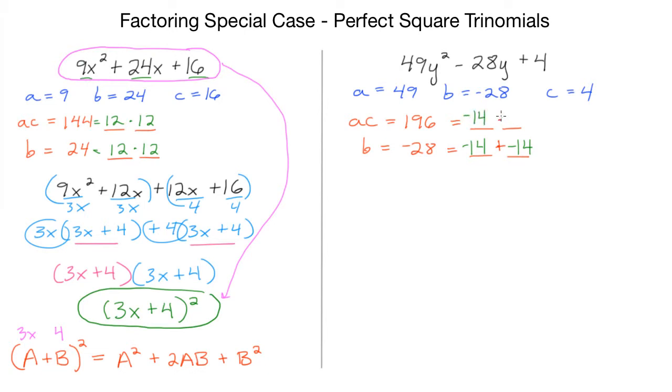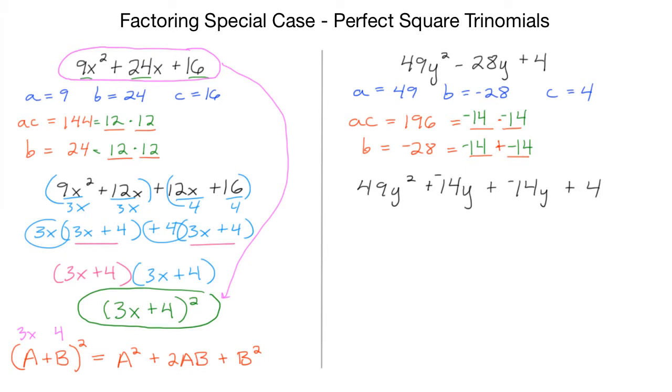I get the same number added and multiplied to work it out. So let's continue on here, just like the other one. We've got 49y squared minus 14y. I'm going to change it to plus negative to help factor by grouping: plus negative 14y plus 4.